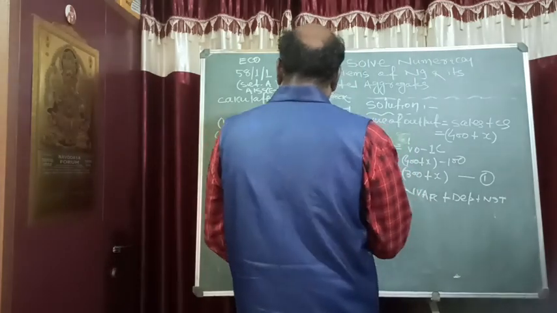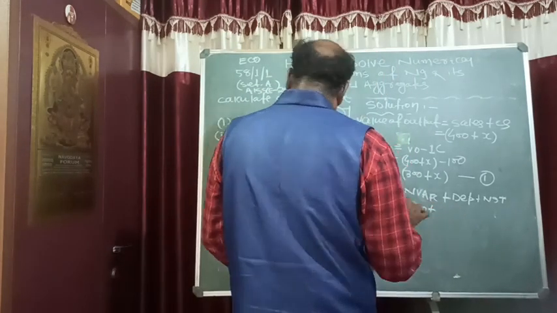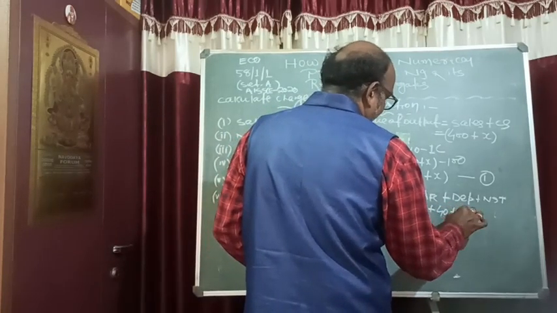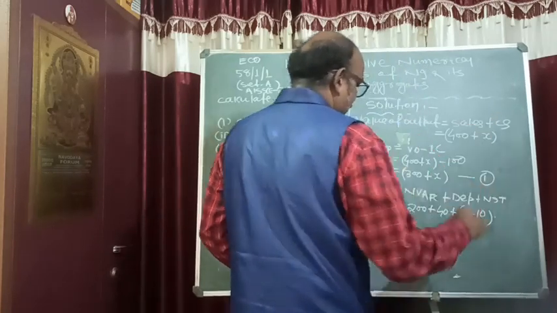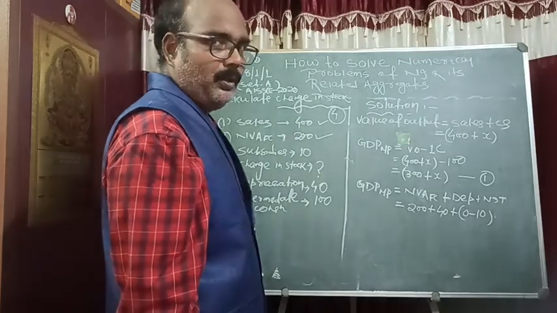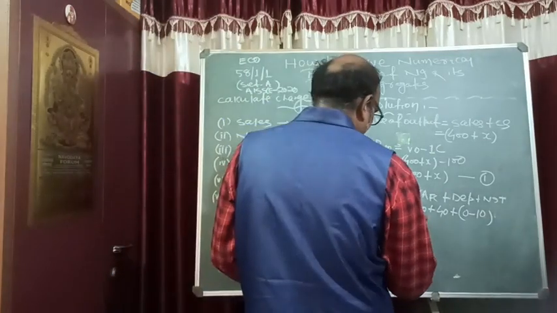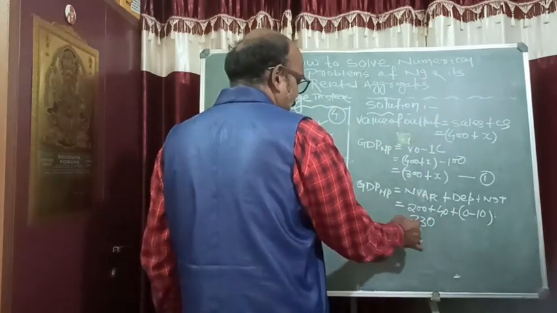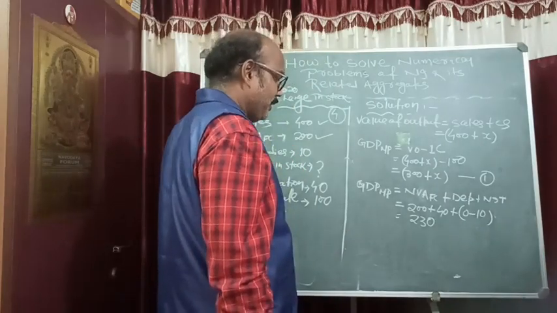So NVAFC is given as 200 plus depreciation is given as 40. NIT is IT minus subsidy. IT is not given, so I put 0, and subsidy is 10. So how much is it? It is 230. So the actual value of GDP-MP is 230.